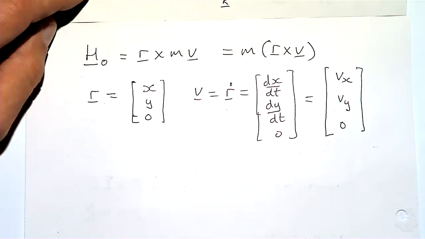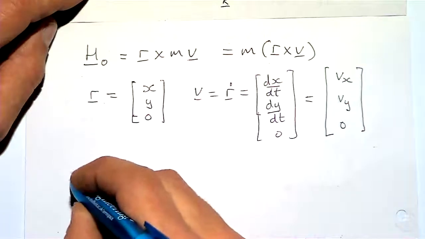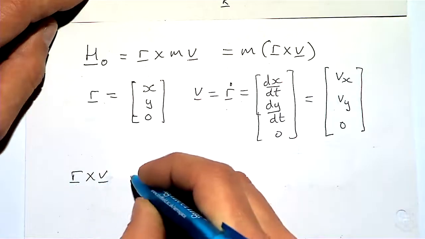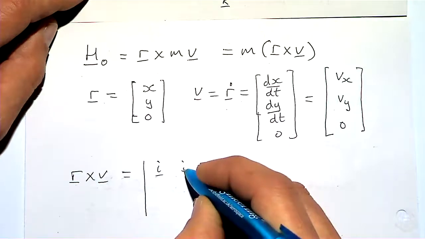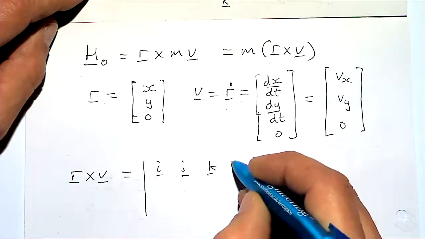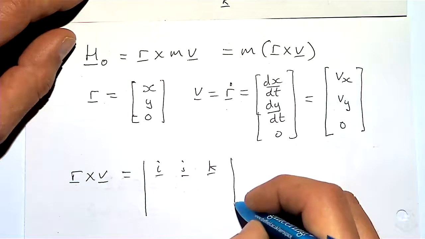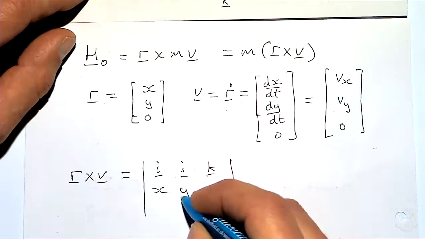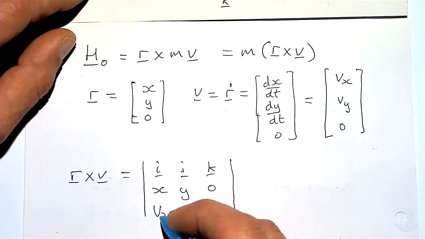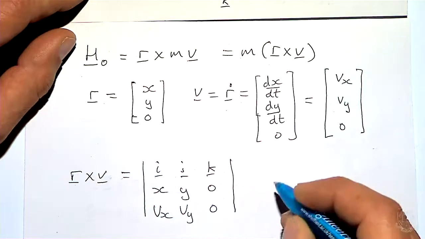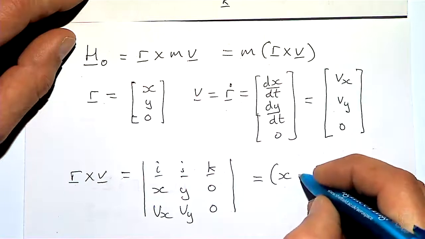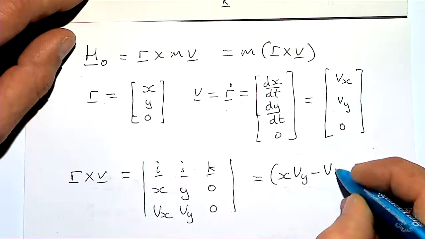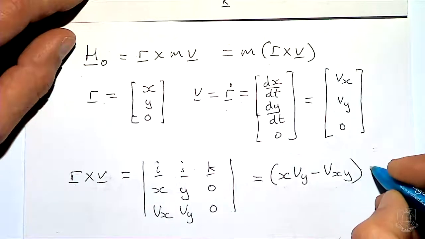So then we can do the cross product, r crossed with v. We have our I, j, and k components at the top, then x, y, 0, and vx, vy, and 0. And of course, this gives us x times vy minus vx times y in the k direction.